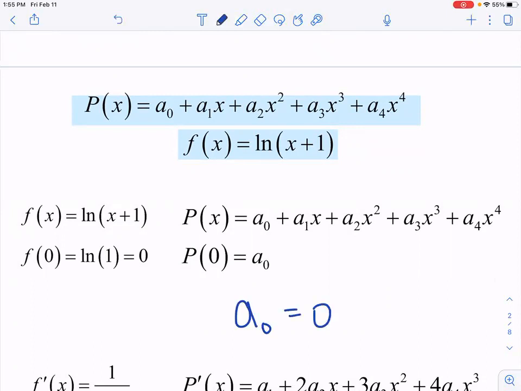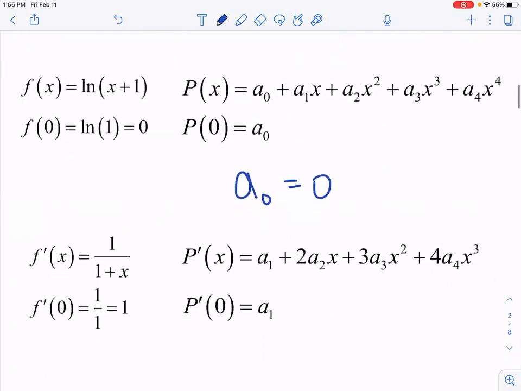Okay, now we want our first derivatives to be the same. So I'm going to take the derivative of the natural log of x plus 1 to get 1 over, I don't know why I wrote it 1 plus x, but potato, potato, right? Commutative property. Okay, when we plug in 0, we get 1. Are we okay with that?